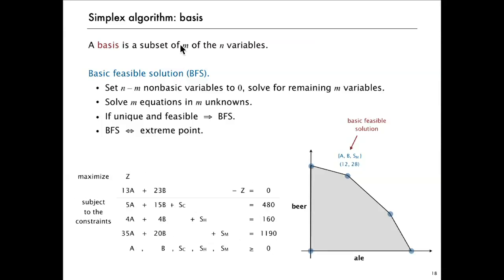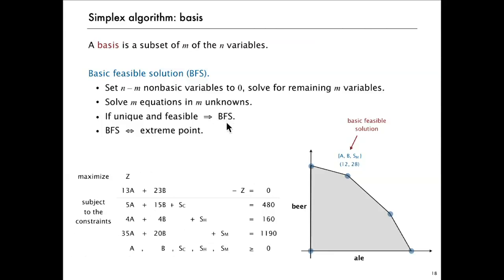In this case, there's 3 variables in the basis. And the idea is you set the other variables to 0. So now you've got m equations in m unknowns, because you just set n minus m of them to 0. And so that gives you values for your basis.